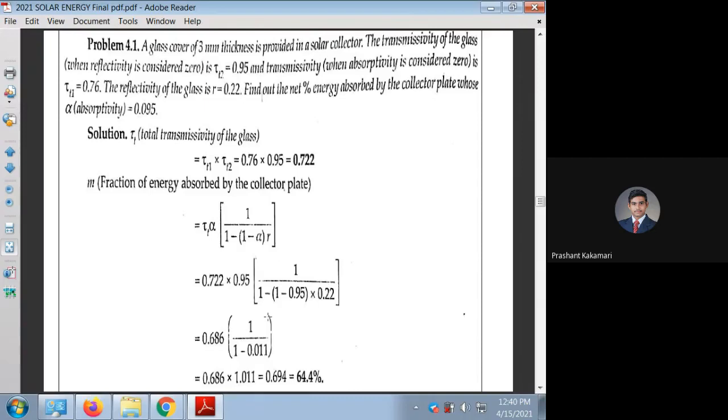0.2. So tau, sorry, total tau is 0.722. Alpha of the absorber plate 0.095. So it should be actually 0.95. I'll take this one.